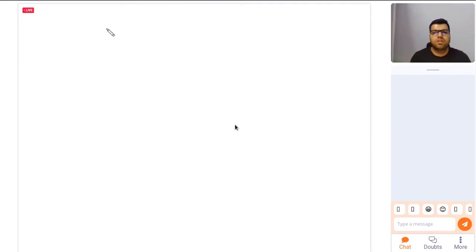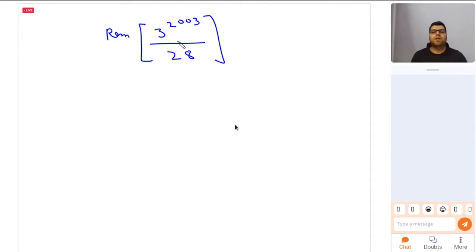So the remainder of 3 raised to power 2003 with 28. I know the power of 3 that will help us is 27, because it is minus 1 away from 28. So I need to break 2003 into parts of 3.